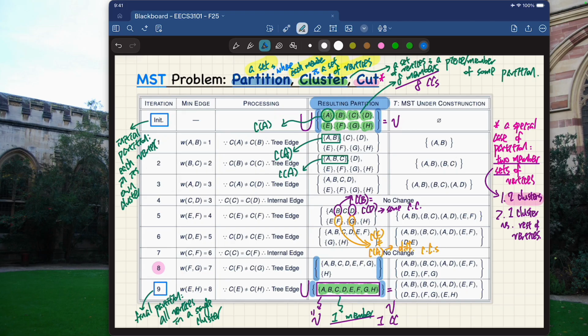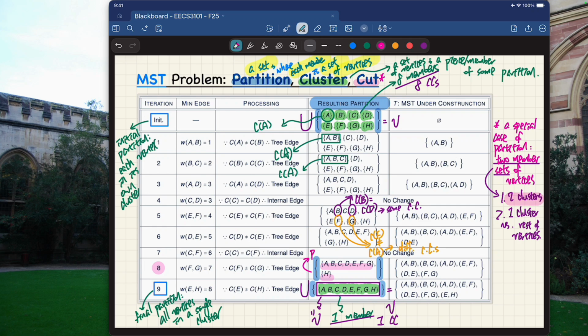Here we have exactly 2 clusters, one here and one here. So this is the second last iteration where it just happened to be a cut. This is more of a narrow sense of what a cut is, but that's not general. But it's a cut, nothing wrong with that.